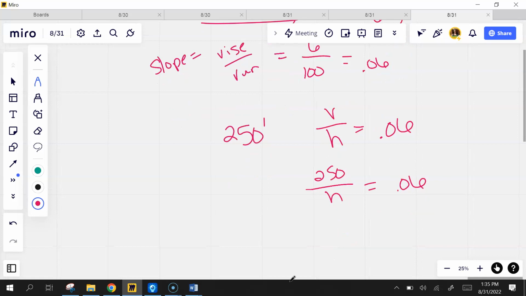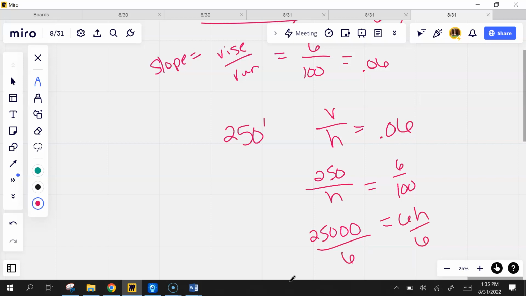Well, you have to divide. Or you can actually make this 6 over 100. It might make more sense to you that way. So 25,000 equals 6H, and then you can divide by 6.